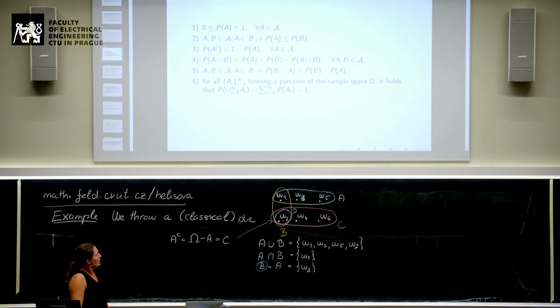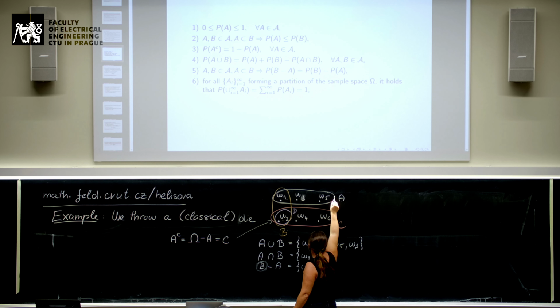The second property. When you have two events and one of them is a sub-event of another, the probability cannot be greater than the probability of the larger one. Why? Because the probability of each elementary event is positive, or it cannot be negative. So when we have the probability, let's say, of the event A, and we want to calculate the probability of A union B, so the probability of something which is bigger than the event A, it is the probability of A plus the probabilities of the remaining elementary events.